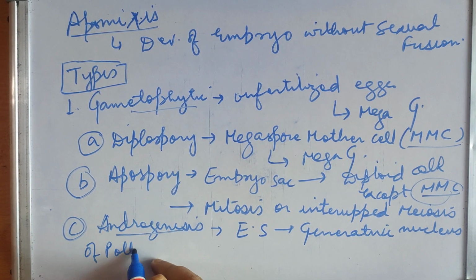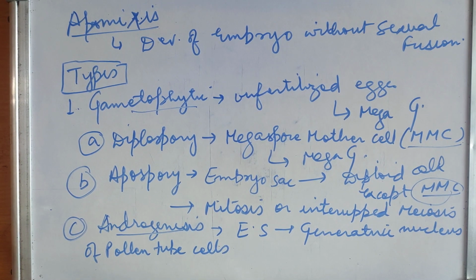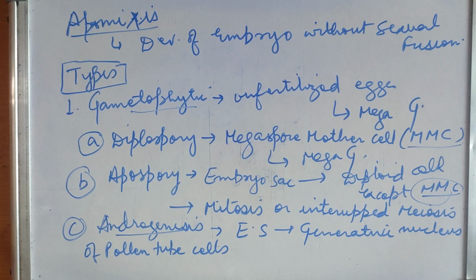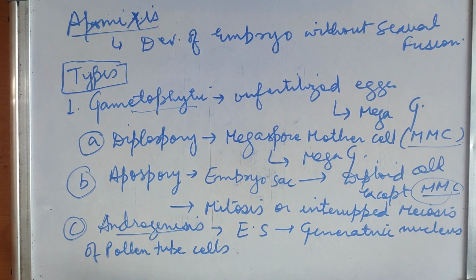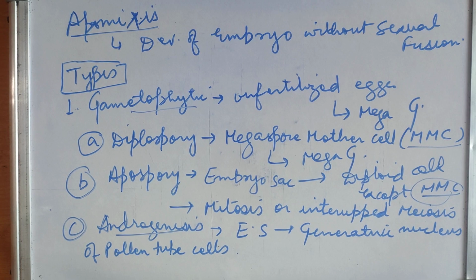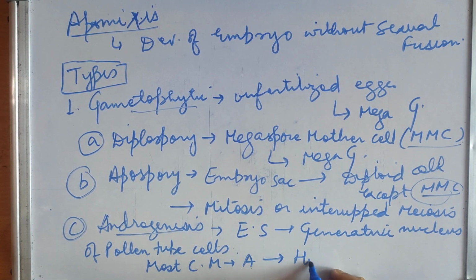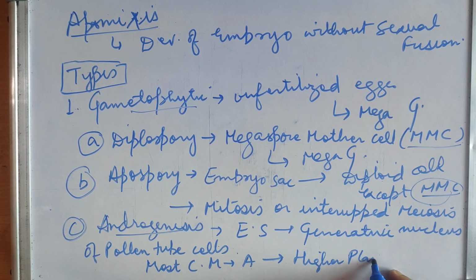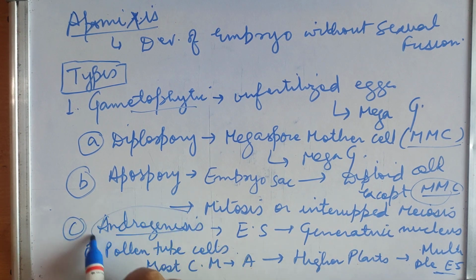It is the most common mechanism of apomixis in higher plants, characterized by the presence of multiple embryo sacs. So it was about androgenesis.